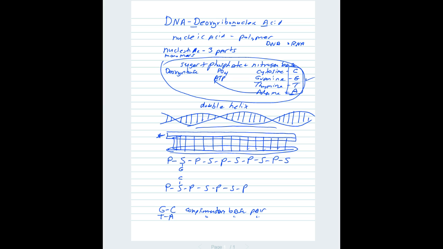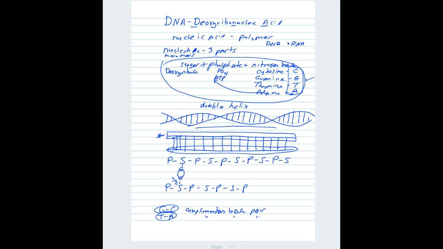And those can go in any order, C and G, G and C, A and T, T and A. But you'll never find A bonding with G. You'll never see C bonding with T. It's always got to be these two together and these two together. And what's really important to note up here is that the bases are bonded to the sugars and not the phosphates.